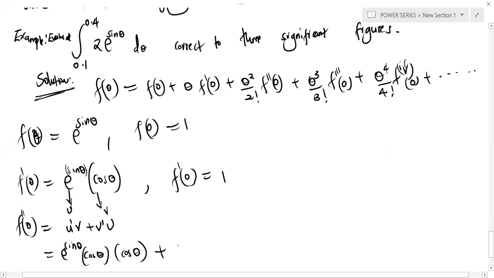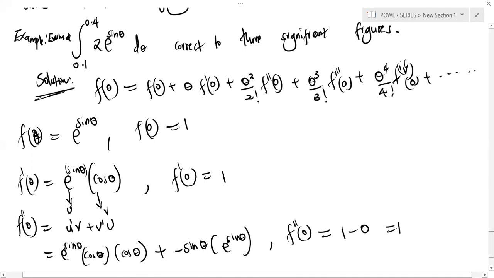If you differentiate cos theta, you get minus sine theta multiplied by u, which is exponential sine theta. So what is our f second prime of 0? If we replace 0 here, cos of 0 is 1, exponential raised to power 0 is 1, so we get 1 here. If we replace 0 here, we get 0 because of sine, so 1 minus 0, so this will give us a 1.